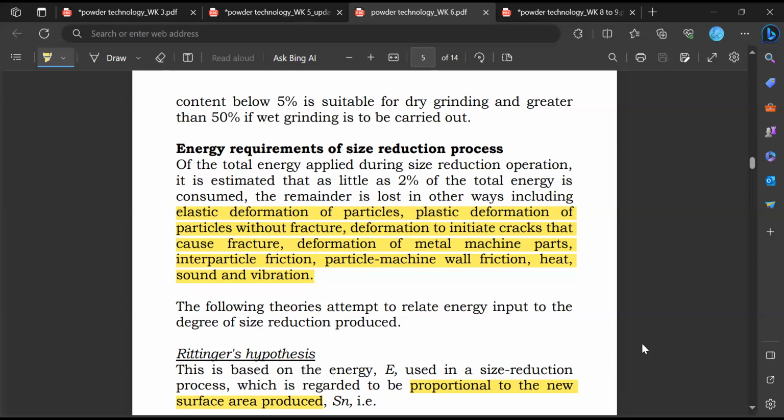Like I said, some of these materials are hard enough or brittle and they can damage the machine parts. Then you have interparticulate friction, particle machine wall friction, heat, sound, and vibration. So not everything goes into propagating the crack, but some energy is also used for these other processes.